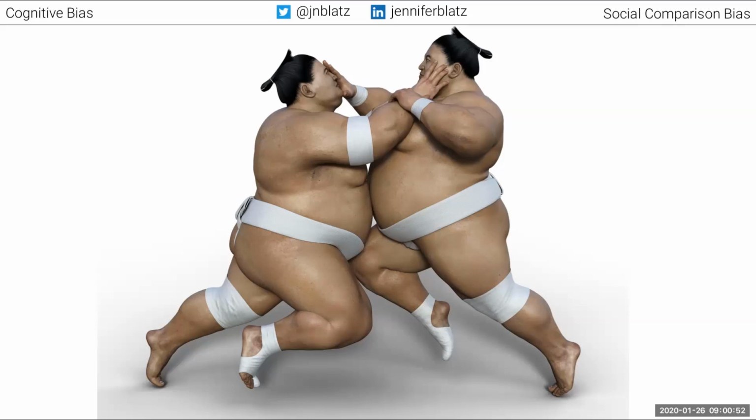So what can you do to prevent social comparison bias? Well, first, let's think about what we can do when we hire people for our team, and think about the diversity of those people. Look for people with different races, ages, religions, cultures, backgrounds, and locations to bring that diverse perspective to our product.